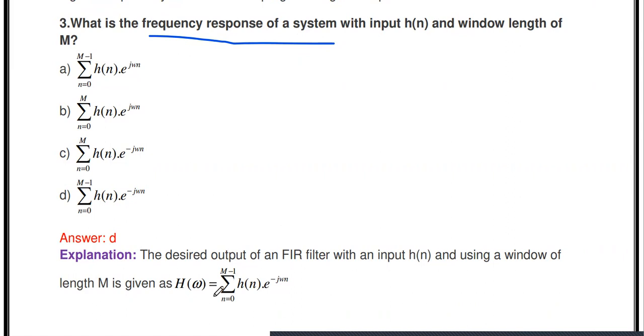The formula is H of omega equals summation n equals 0 to M minus 1, since the length is M, h of n e power minus j omega n. So the answer D is the answer. This is the frequency response of the FIR filter.